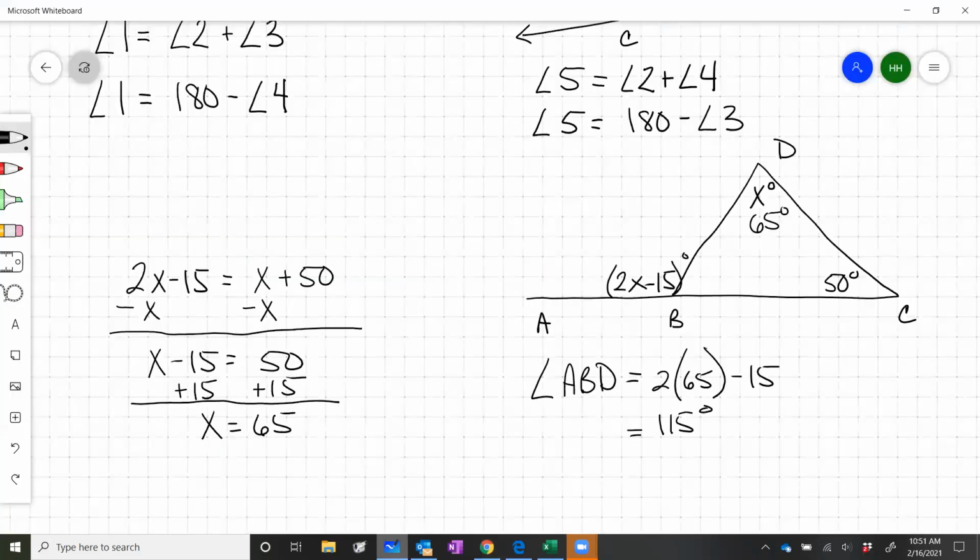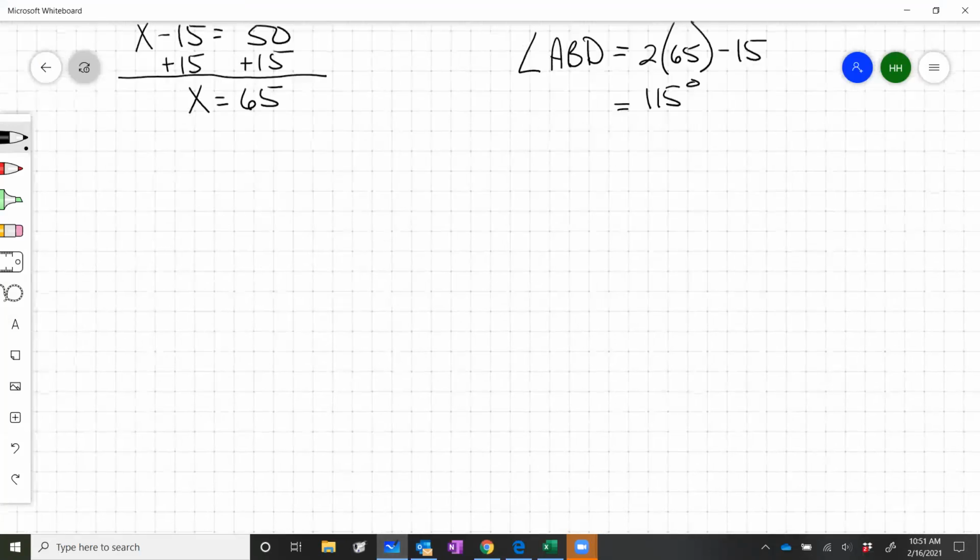So your practice for today is going to be page 241 (15 through 37).